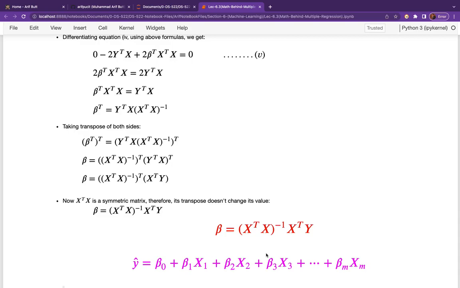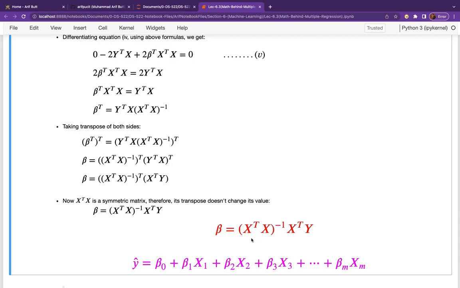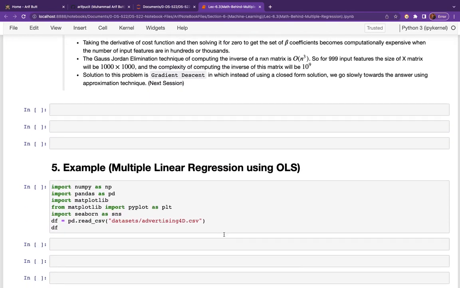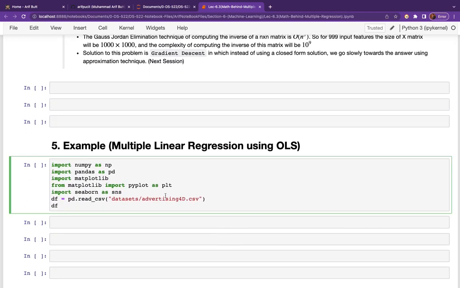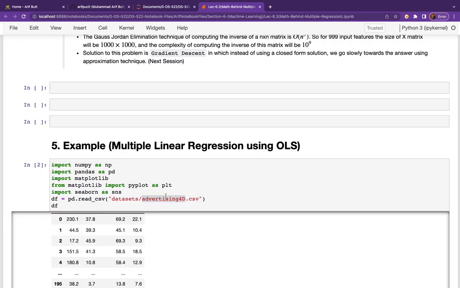Let us now do multiple linear regression on a simple toy dataset to apply what we have learned today. That is this equation. Okay, let's read this CSV file and load the dataset in a pandas data frame.